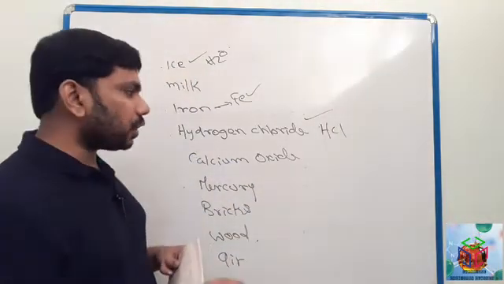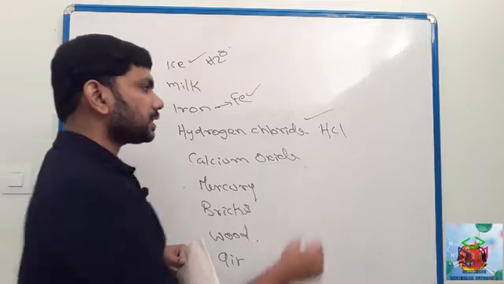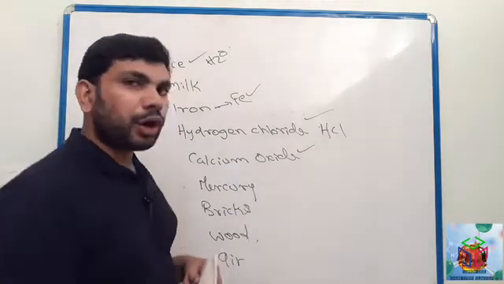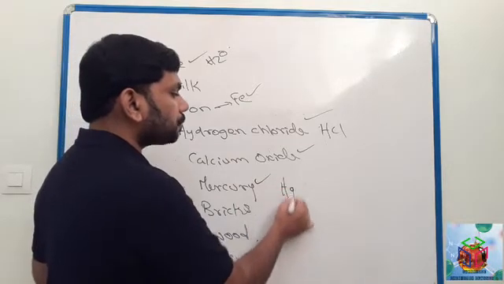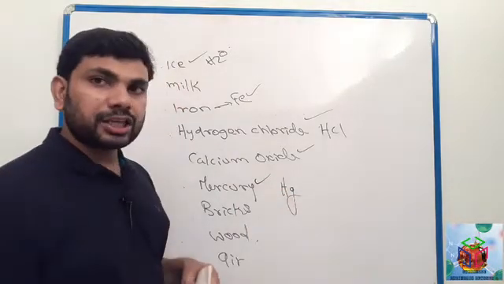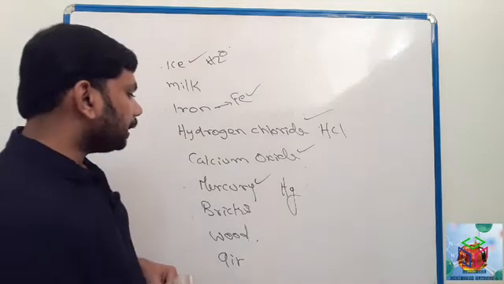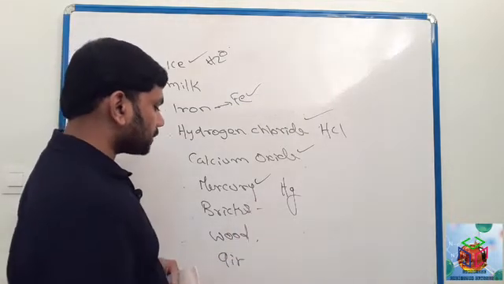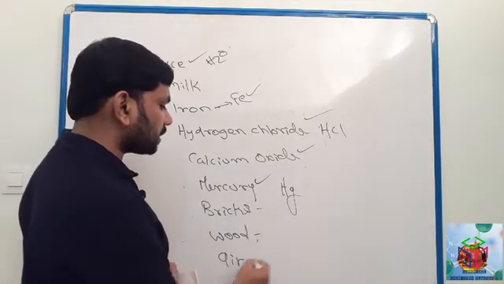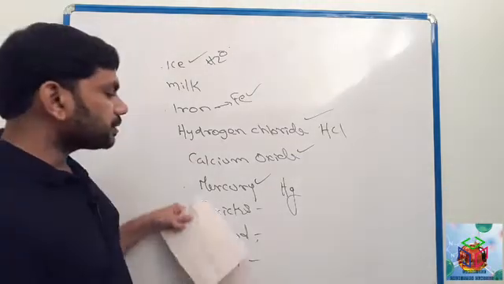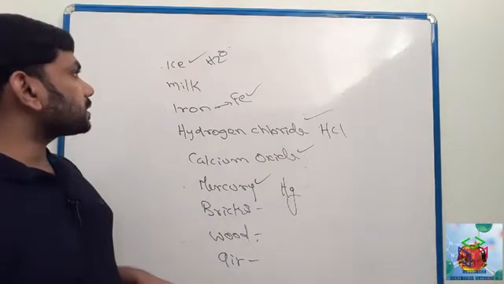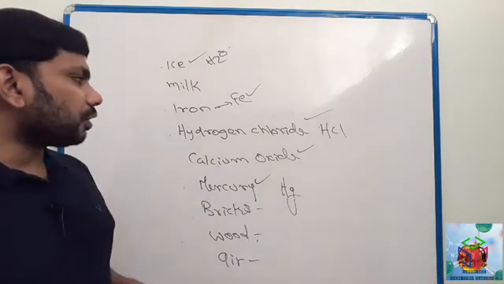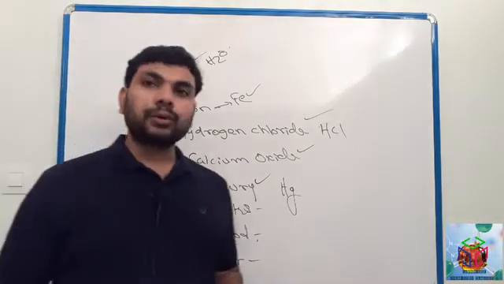Calcium oxide, it is compound, it is pure substance. Mercury Hg, it is pure substance. Bricks, not pure substance. Wood, not pure substance. Air, not pure substance. These are mixtures. Clear? So here pure substances: ice, iron, hydrogen chloride, calcium oxide, mercury.